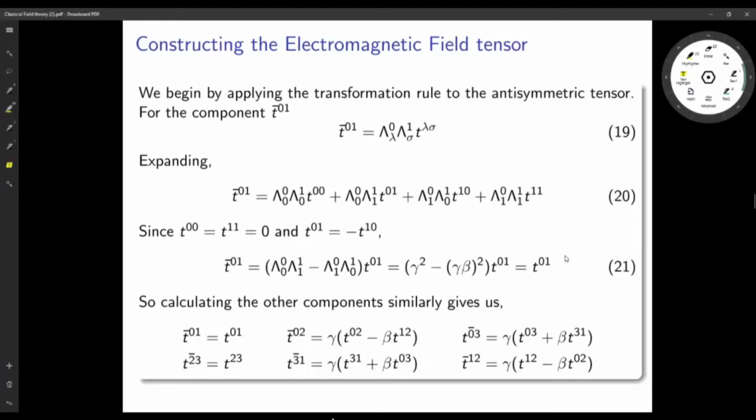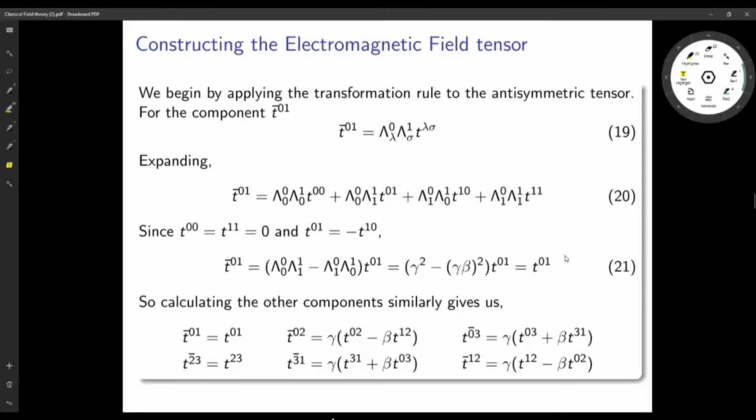So T bar 01 is just lambda, that's capital lambda if I'm right, and there is lambda 0 mu, lambda 1 nu, T mu nu, right?